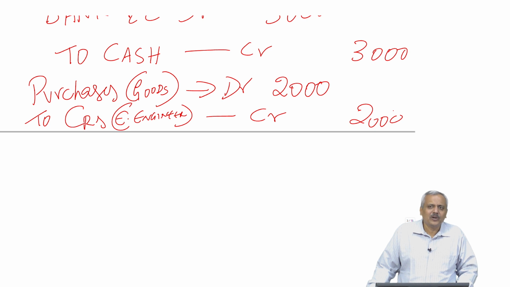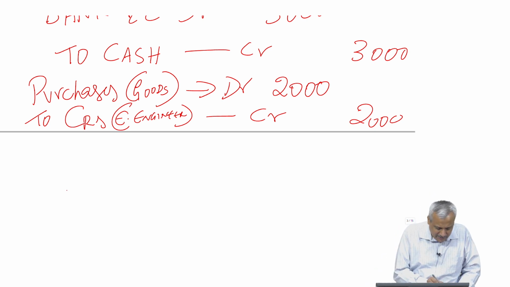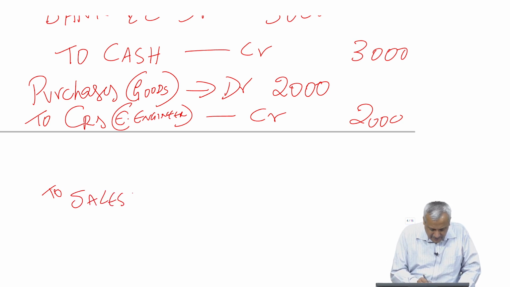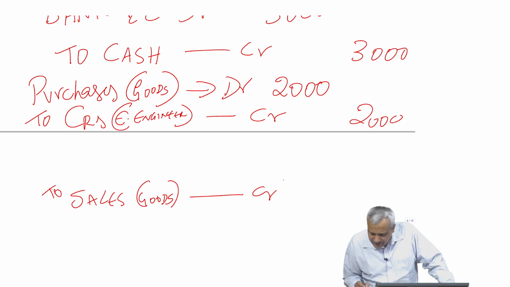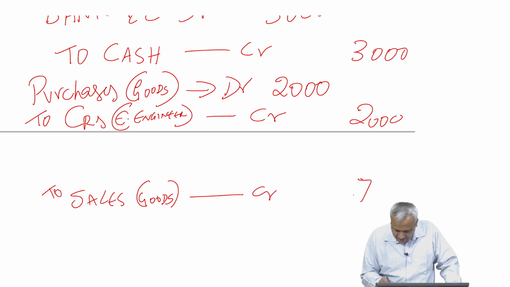What is going out? Goods are going out of your company. Normally we will write sales in this particular case, so I credit it. The amount is 700.